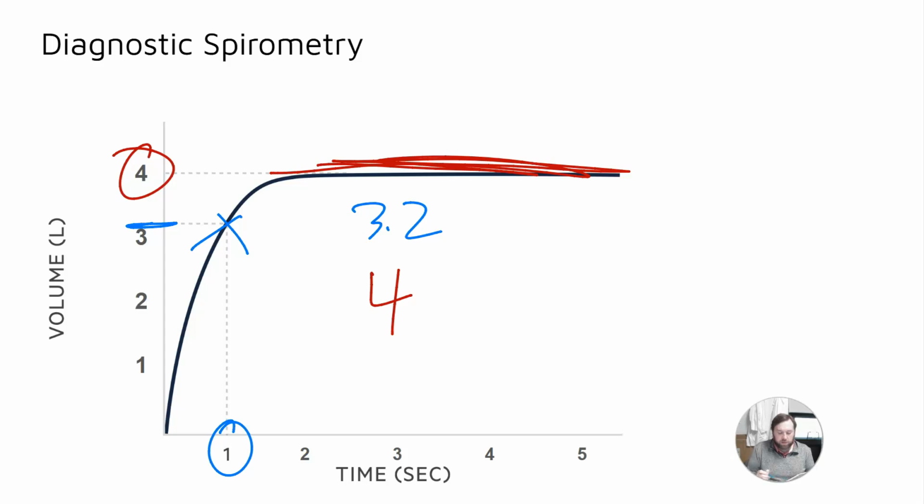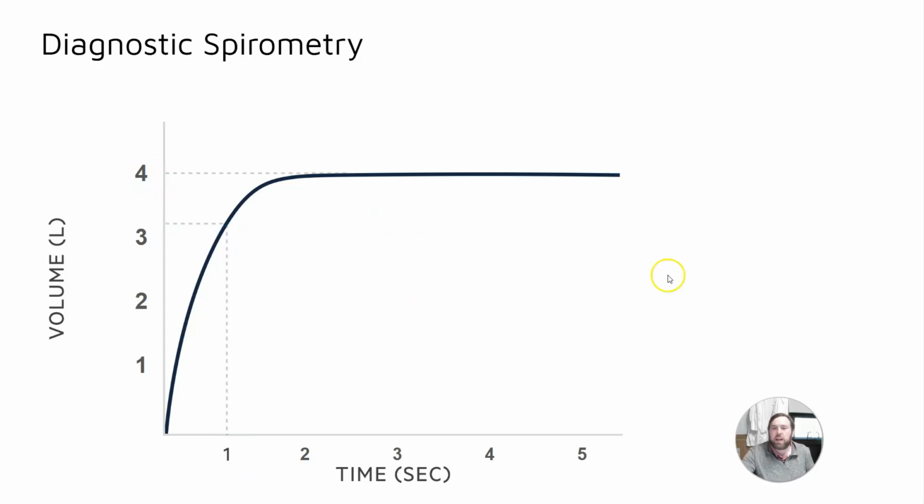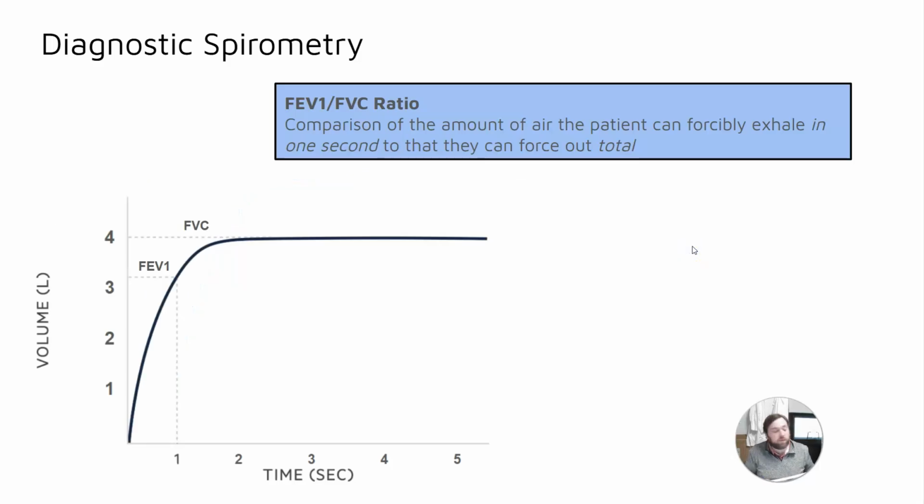And you'll note that I put those values one on top of each other because in the end I really care about comparing these two numbers in something like a ratio or a fraction. In fact, that is what we're really going to use in diagnostics, the FEV1 to FVC ratio.